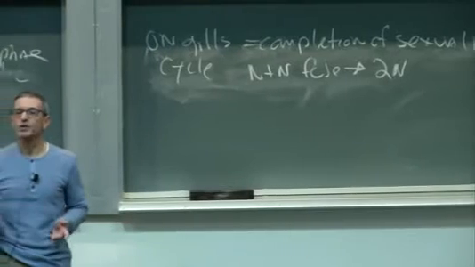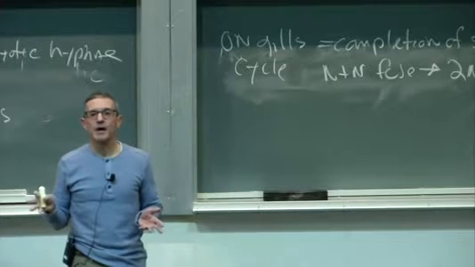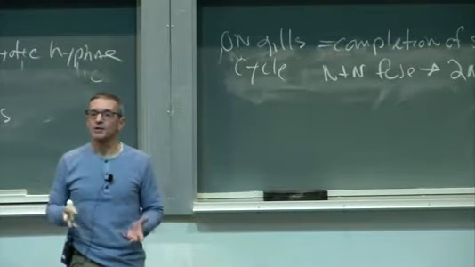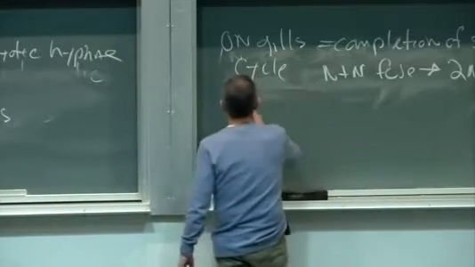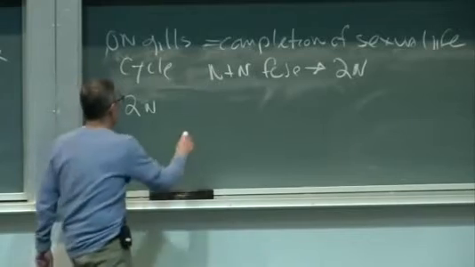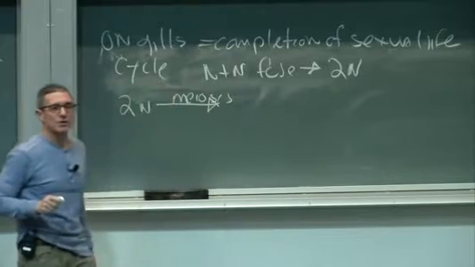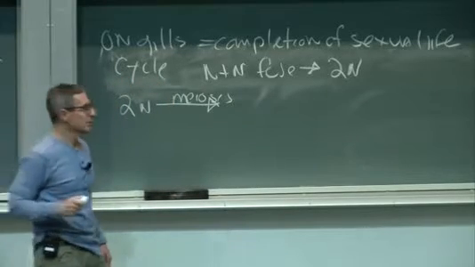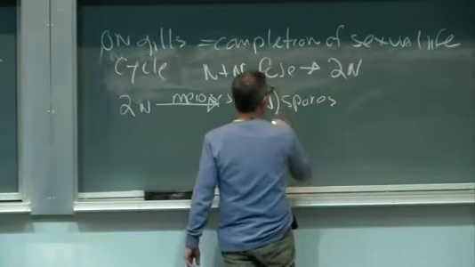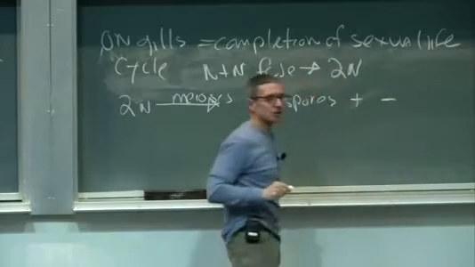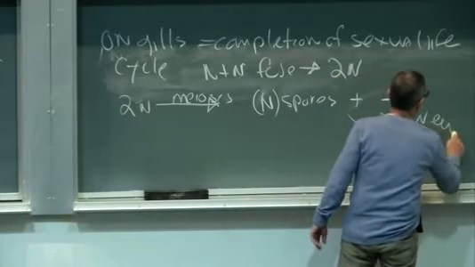It exists for a very short time, but during the time that it exists, we have the opportunity for sexual recombination and for the production of variation in future generations. Following the production of the 2N structure, we get meiosis. Again, if you're unfamiliar with this term, go back to your textbook or your high school textbook, to produce N spores. And these spores are plus and minus, just as we had in the beginning. And then these make new hyphae.